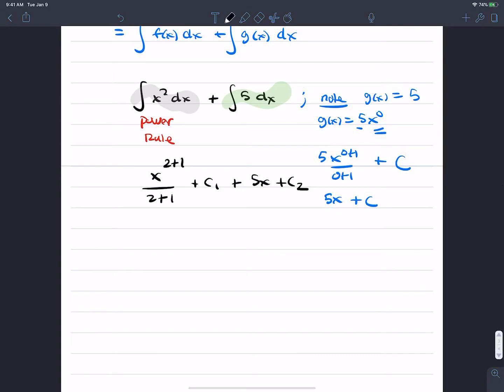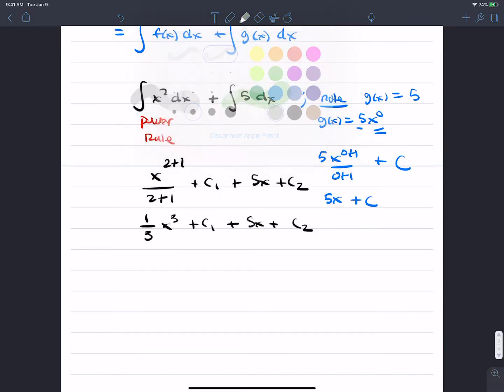What is this? 1/3 x cubed plus c1 plus 5x plus c2. I want to emphasize that this is my first antiderivative, and this is my second antiderivative. But then the question becomes, what do you do with the constants? C1 and C2 are both constants. C1 is the constant for the first antiderivative, C2 is the constant for the second antiderivative.